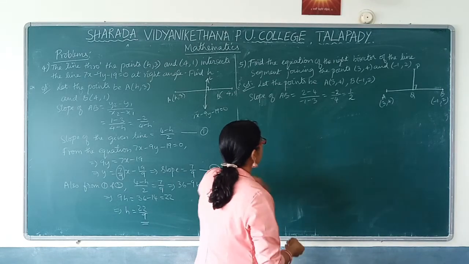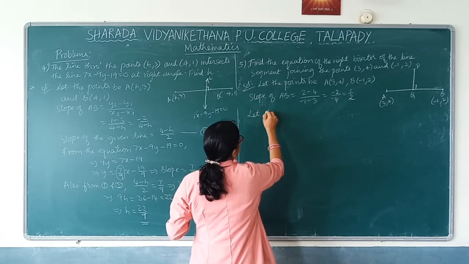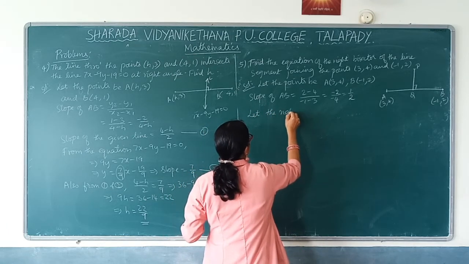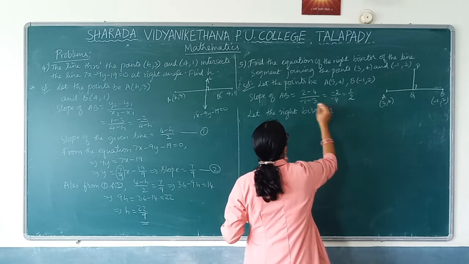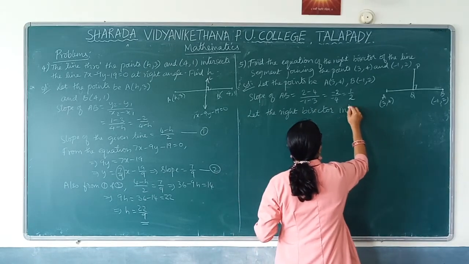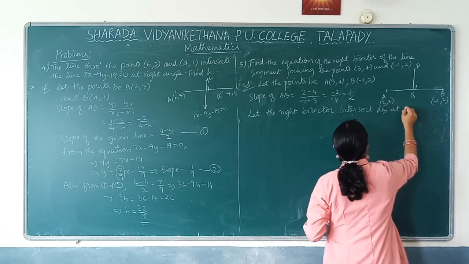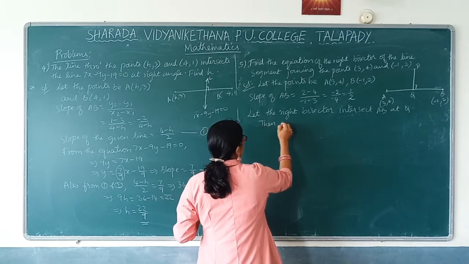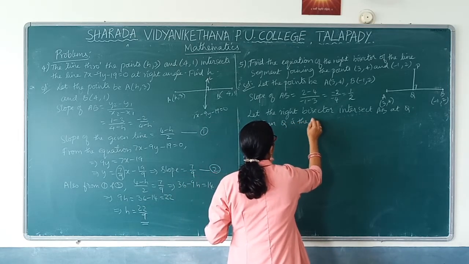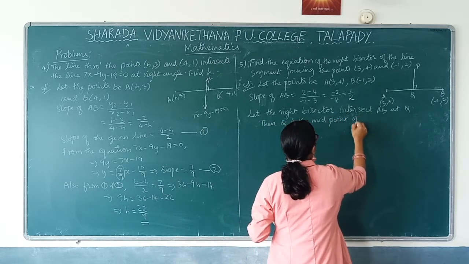Okay, so what will be the slope of PQ? Let the right bisector intersect AB at Q. Okay, then Q is the midpoint of AB.